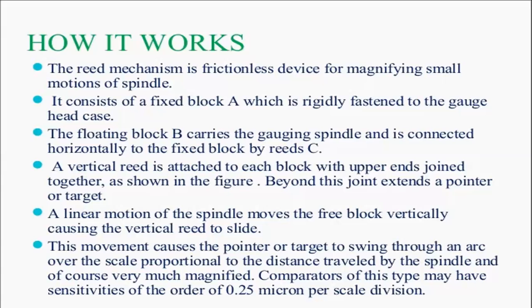It consists of a fixed block A, which is rigidly fastened to the gauge head case. The floating block B carries the gauging spindle, which is connected horizontally to the fixed block C by the reeds. So by the attachment of the reeds, the floating block is attached to C.